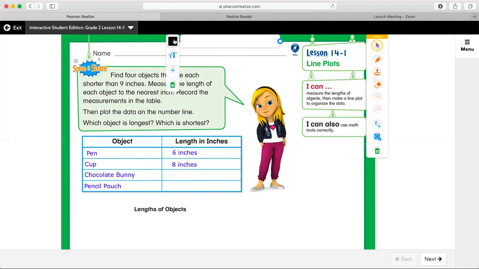My chocolate bunny also measured 8 inches. And my pencil pouch, oh no, I'm sorry. My pencil pouch was 8 inches. My chocolate bunny was 5 inches.